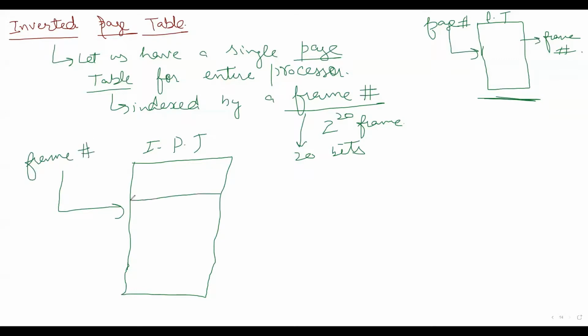And every entry stores the page number plus process ID. For example, let's suppose this is my inverted page table.